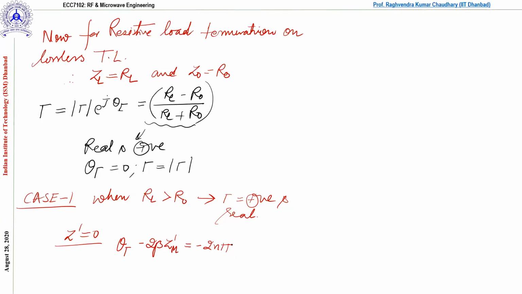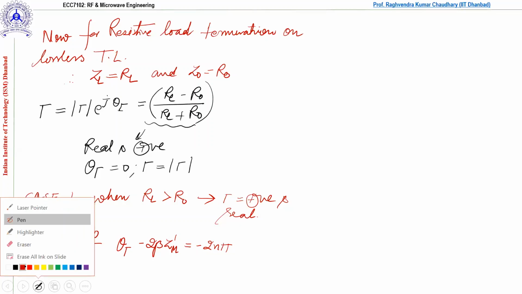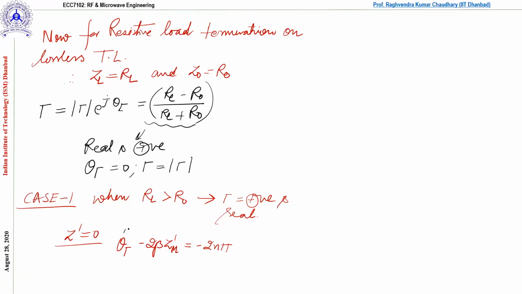So the first thing we just analyzed is that V max and V min occur at this point with the use of this condition. Here theta gamma is 0.